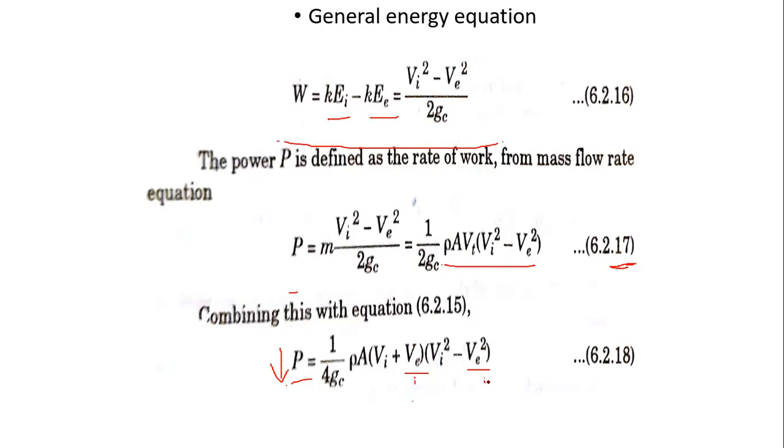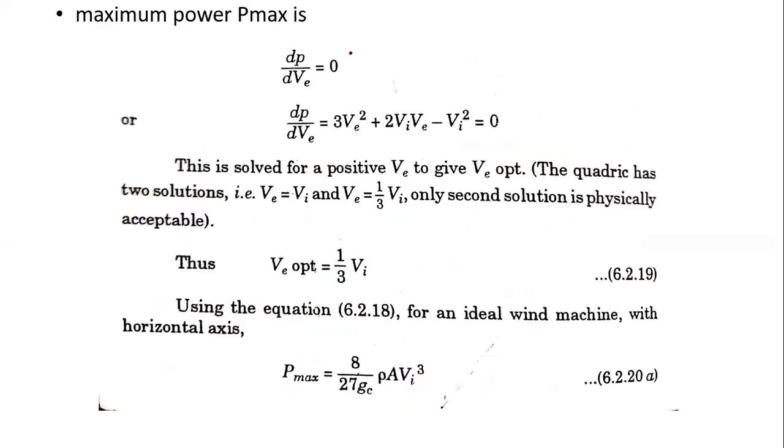If we differentiate the P value with respect to Ve, we can get the maximum power. So P maximum: dP by dVe, and if we make this derivative equal to 0, we get the maximum power. I am differentiating the power equation with Ve and making it equal to 0.